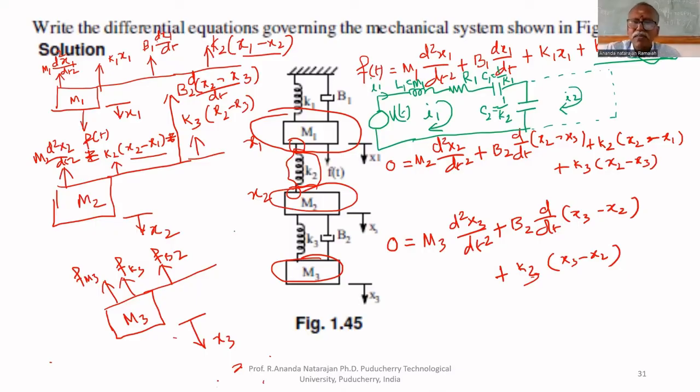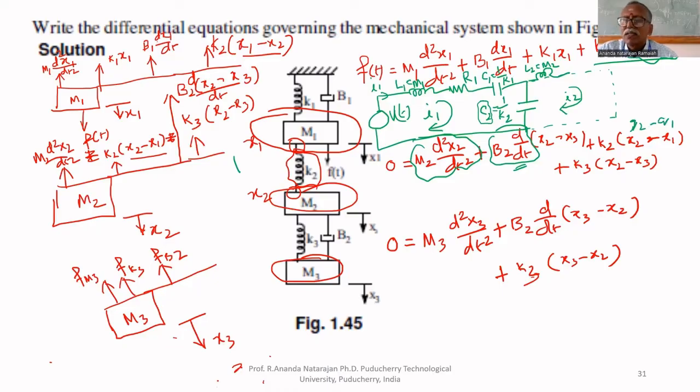So consider the second equation. M2, L2 equals M2. B2 is X2 minus X3. K2 multiplied by X2 minus X1. Already we have drawn C2 equal to 1 by K2, here identical to Q2 minus Q1.